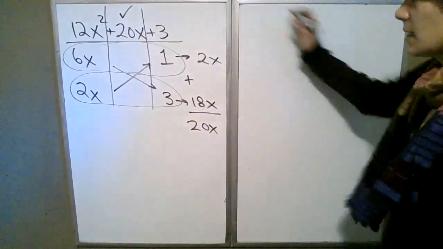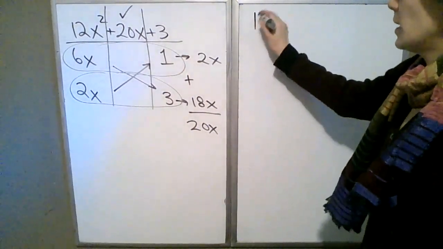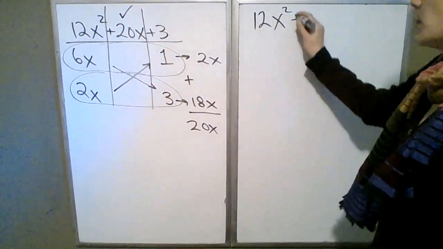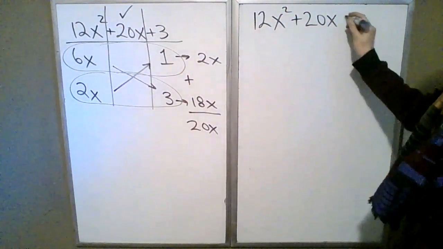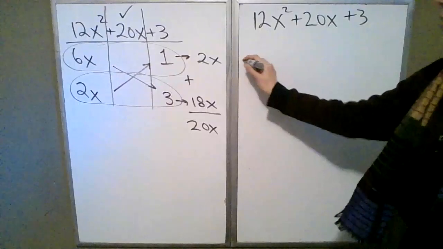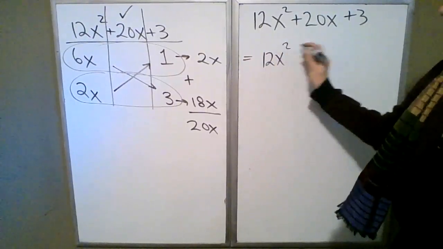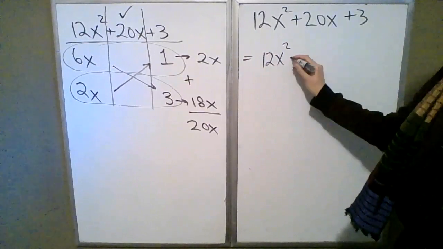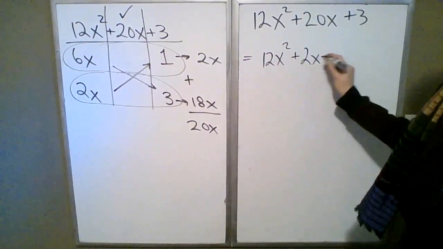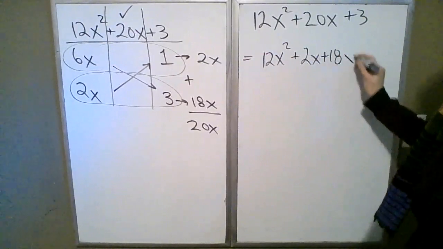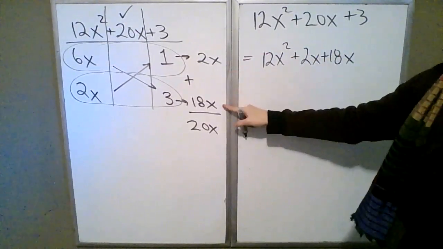So I've got my guess, and I take the 12x squared plus 20x plus 3 and rewrite the middle term. 20x is 2x plus 18x, both sides.